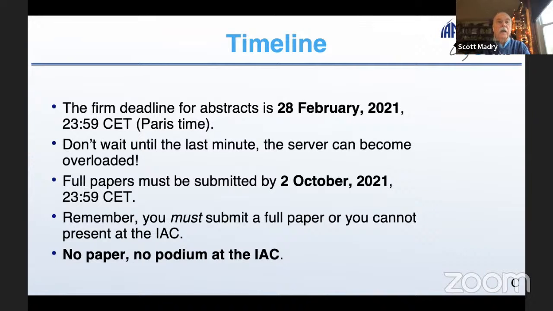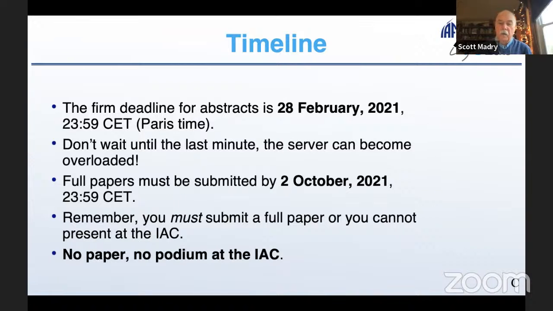Now, you will then, after our spring meetings, be informed if your paper was selected. If it is, you then have until the 2nd of October to submit your finished paper.